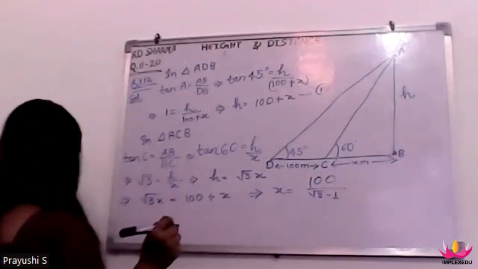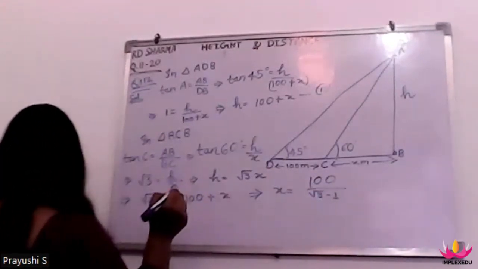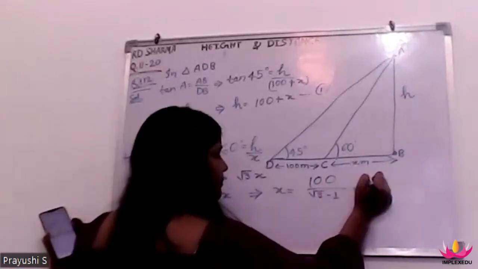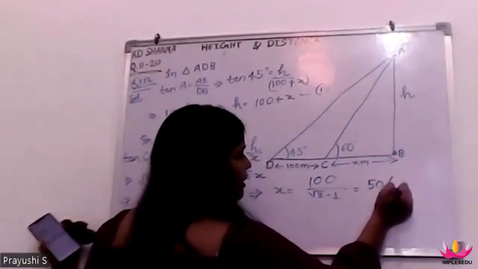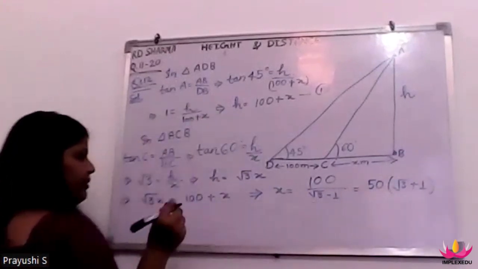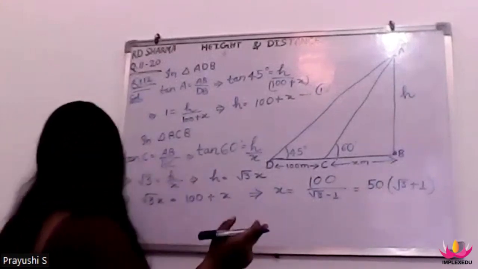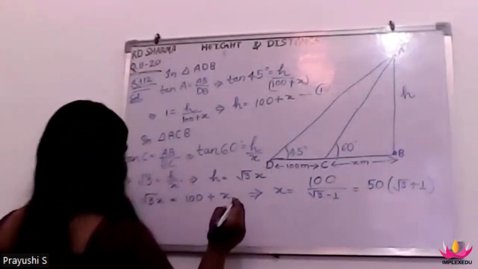Okay, root 3 minus 1. And then we will get x will be equal to 50 into root 3 plus 1.